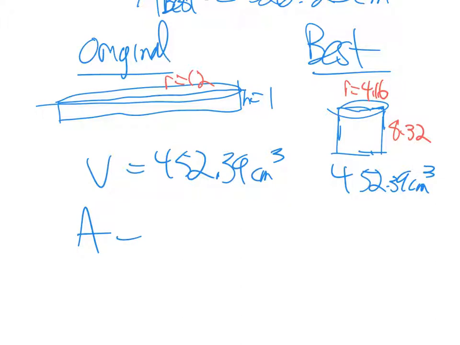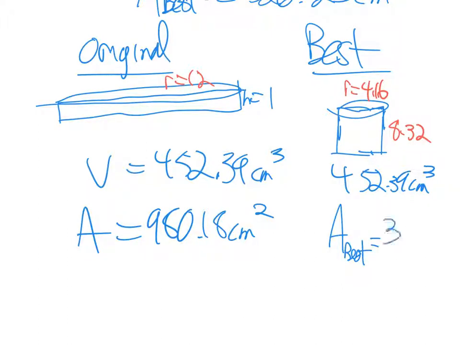The area of the original one was 980.18 centimeters squared. But the area for the best one was only 326.23 centimeters squared.